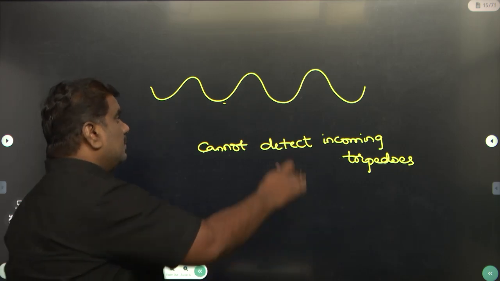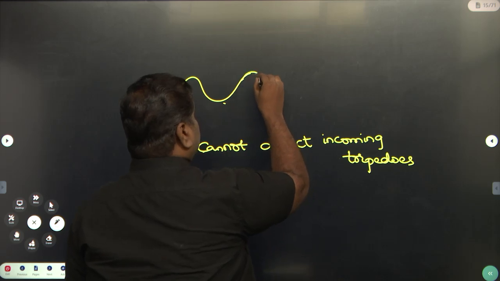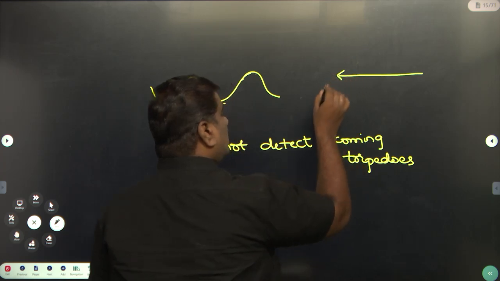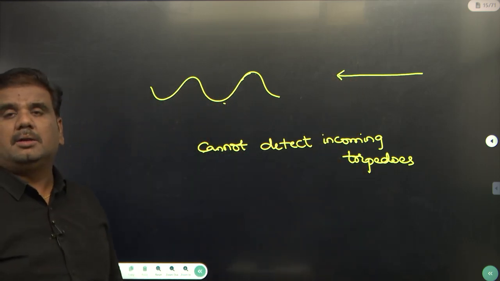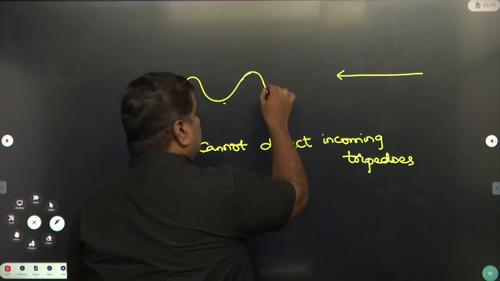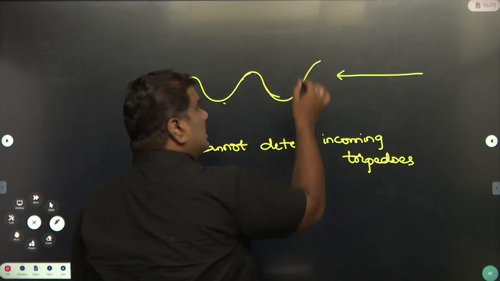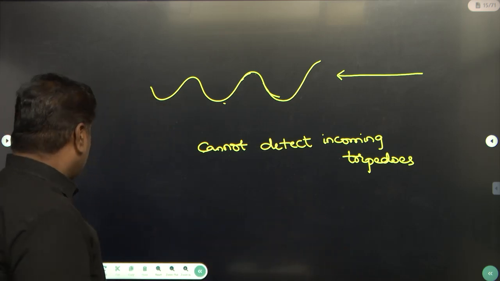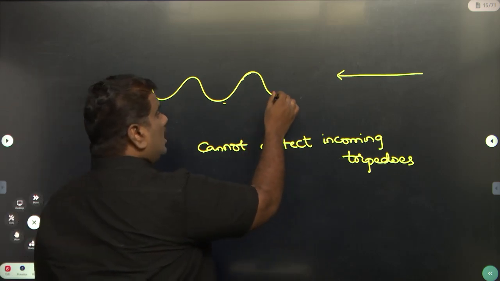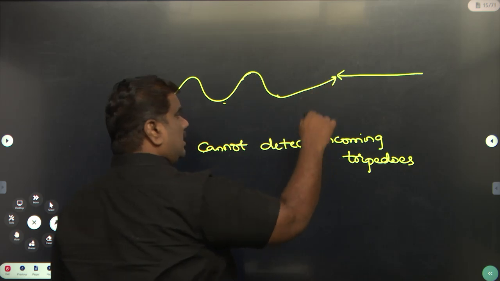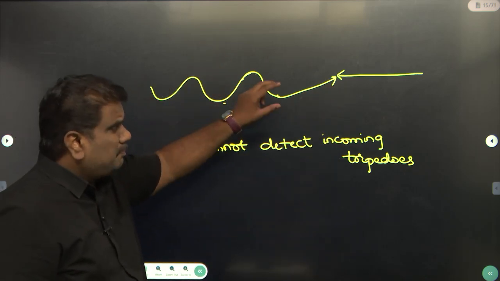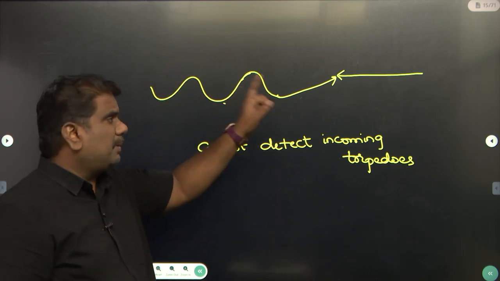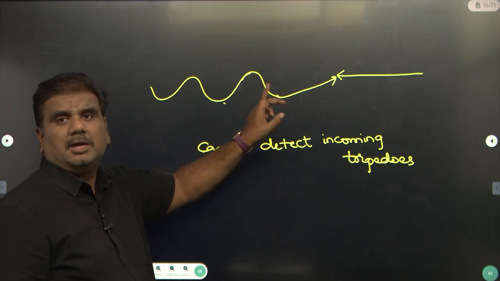For example, suppose this is Marich, and suppose the enemy has launched a torpedo towards our submarine. Then Marich, traveling in a zigzag path, will identify that incoming torpedo, start moving towards it, and that incoming torpedo will be destroyed by Marich.